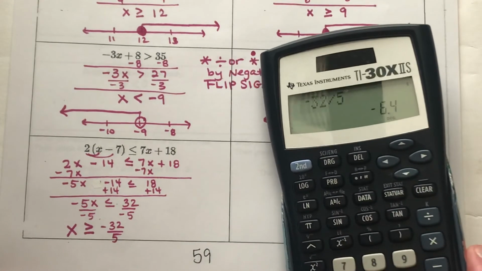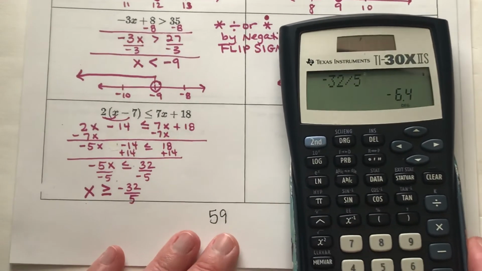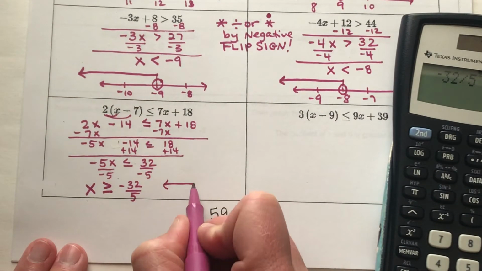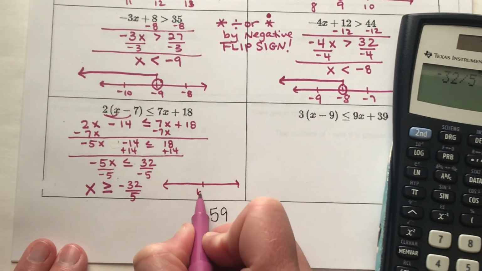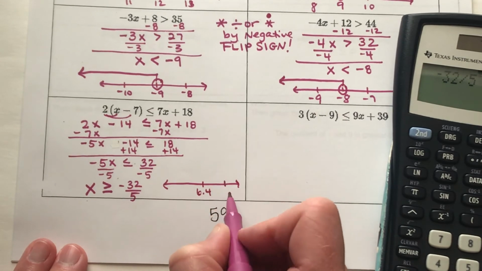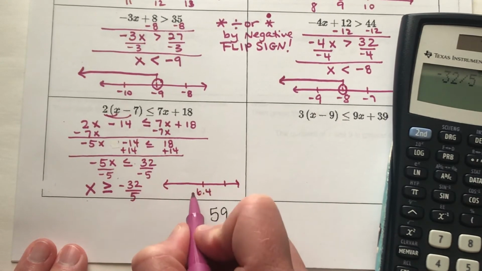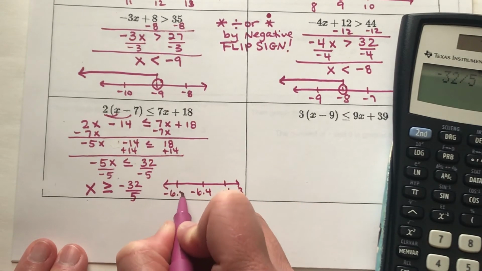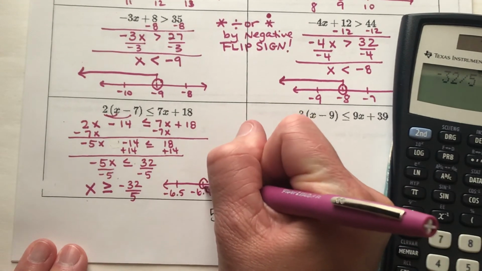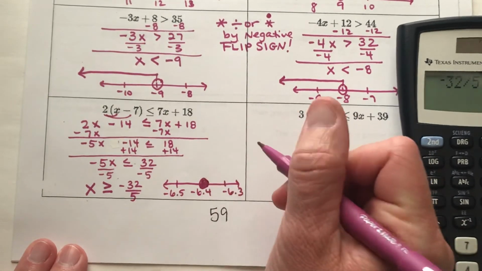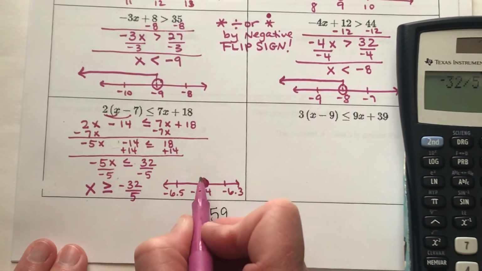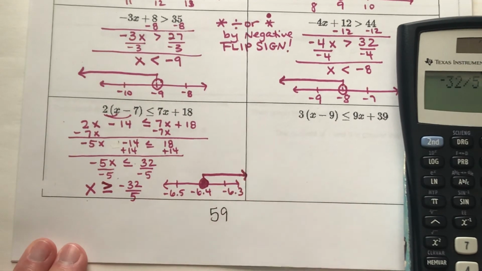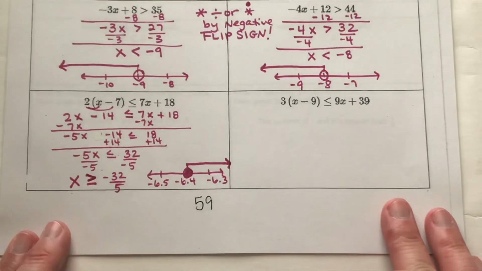So I'm going to use that as the middle of my number line. A number bigger would be negative 6.3 here and negative 6.5 here. So I'm going to circle negative 6.4 and fill it in. And then it says greater than, so I'm going to shade to the right because my symbol says go to the right.